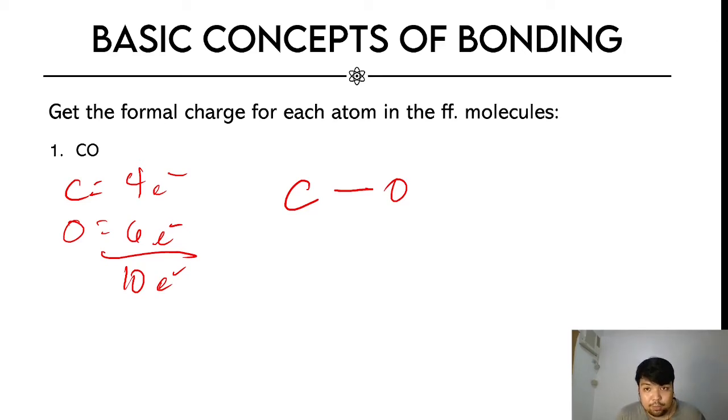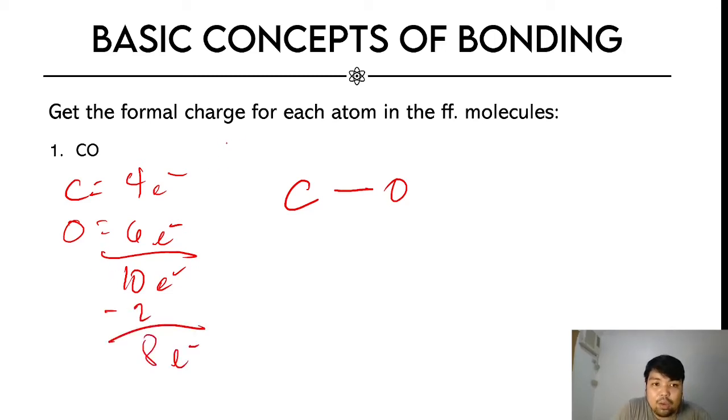Okay? So, we surround them with octets. We try to complete the octets by utilizing all of the 10 electrons here. So we already used 2 for the bonds. So minus 2, we only have 8 electrons left. Okay?